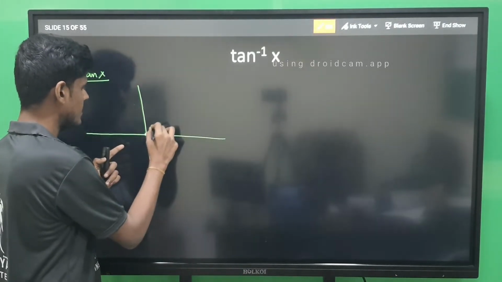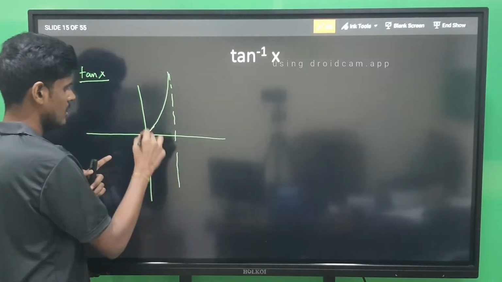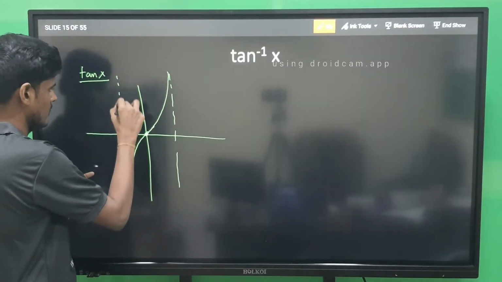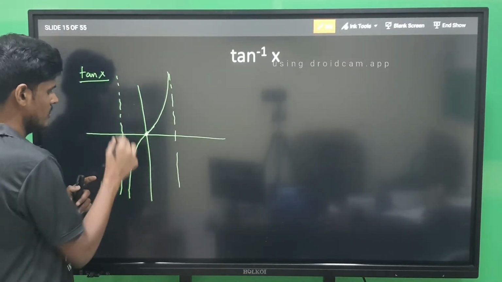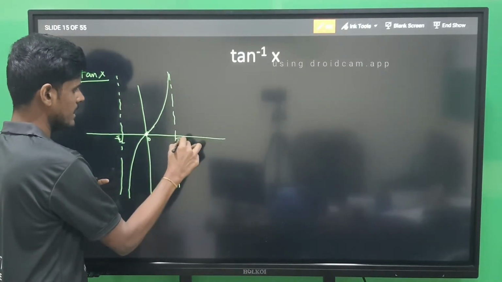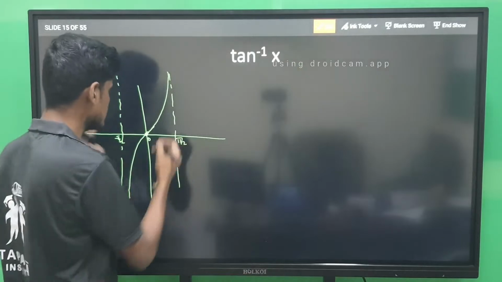So the graph will be like this, and on the negative side it will go like this. So this is minus 90 degrees, 0, 90 degrees. And this graph repeats itself after this interval of pi.